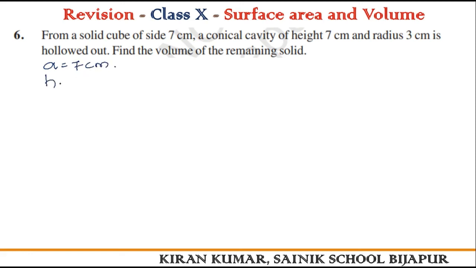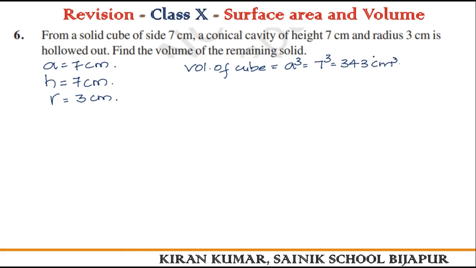Let the cavity be of height H. So H will be equal to 7 centimeter. Radius of the cavity, which is conical cavity, radius R, it is 3 centimeter. Now I can find out the volume of cube. Volume of cube is A cube, which is 7 cube. 7 cube is 343 centimeter cube.